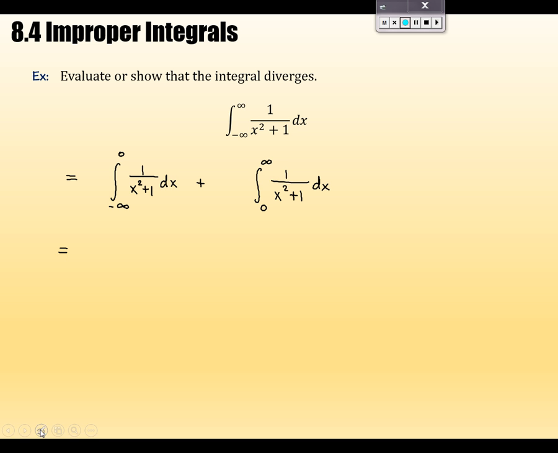Because we don't know how to take two limits at once, we take the limit as, this time we'll use m, m goes to negative infinity, and over here we'll use n, n goes to positive infinity.